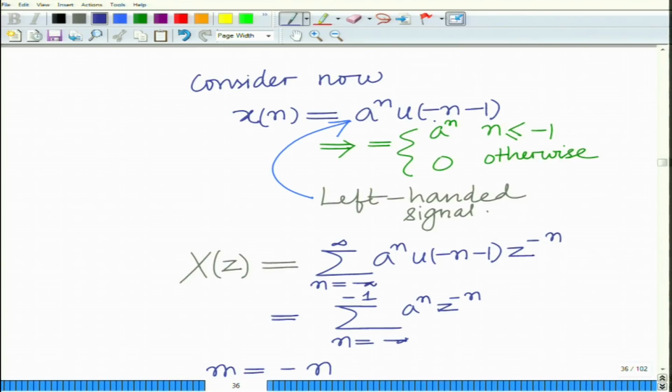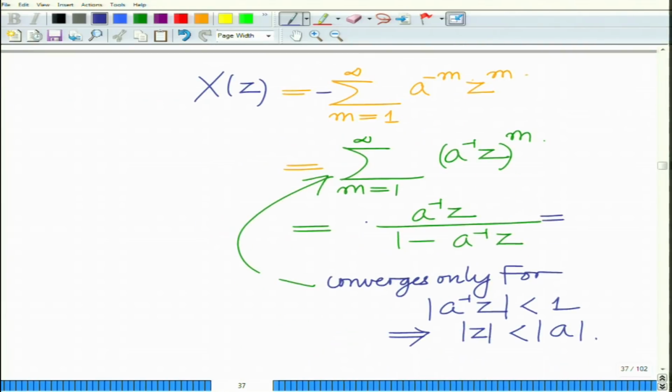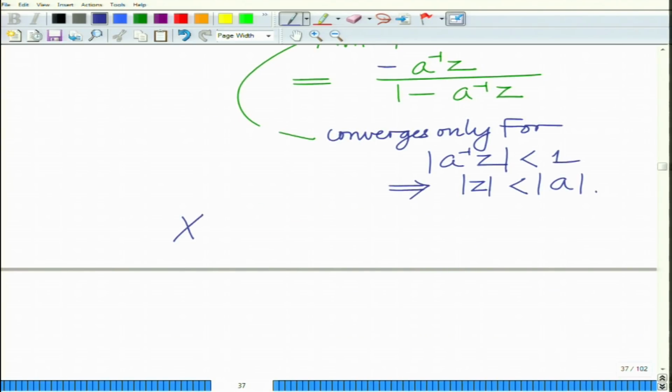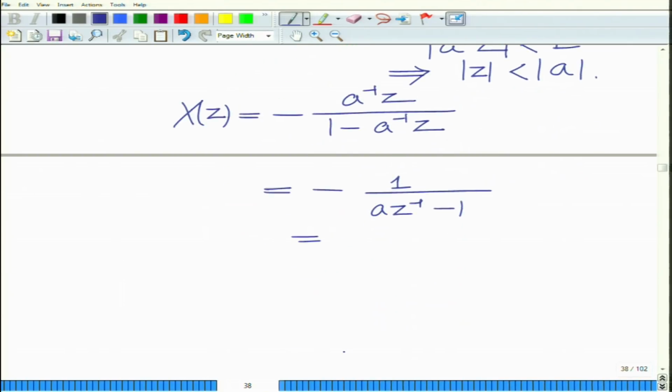Let us consider this signal minus a^n u[-n-1]. So, I will have a minus sign everywhere, and if you simplify this, you will have X(z) equals minus a inverse z by 1 minus a inverse z, which is equal to minus 1 divided by a z inverse minus 1, which is equal to 1 by 1 minus a z inverse, and you can also write this as z by z minus a.